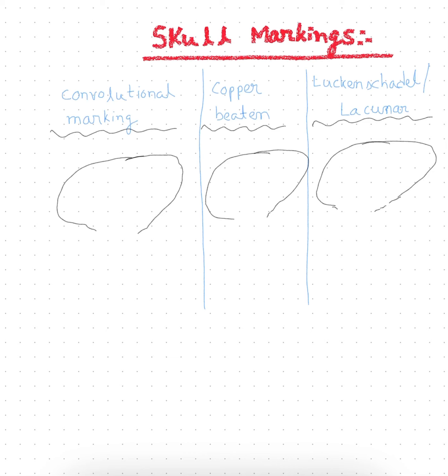In convolutional markings, impressions appear on the inner table of the skull, mainly on the posterior aspect.